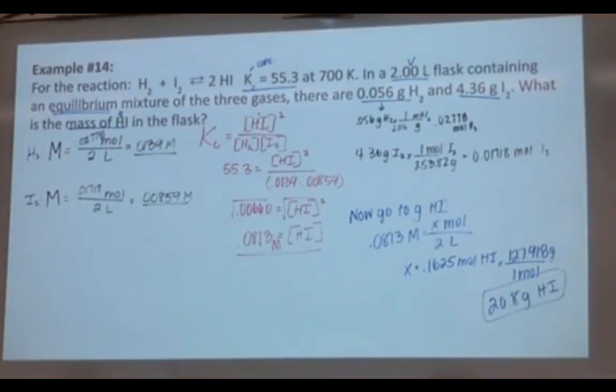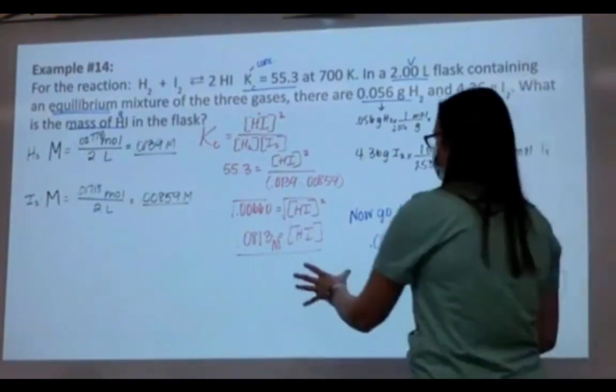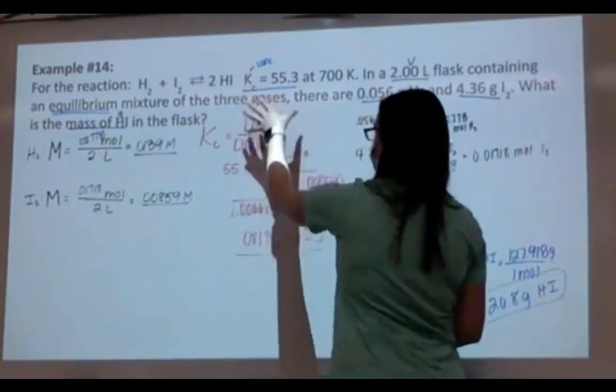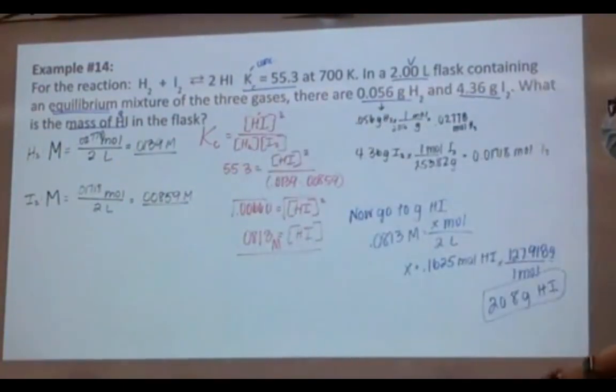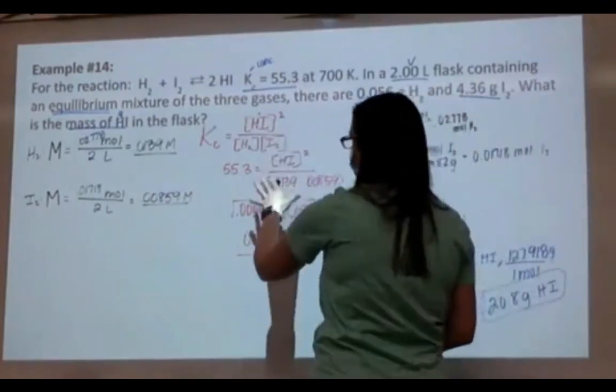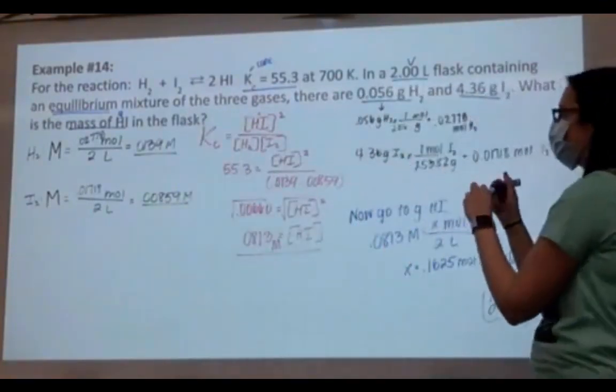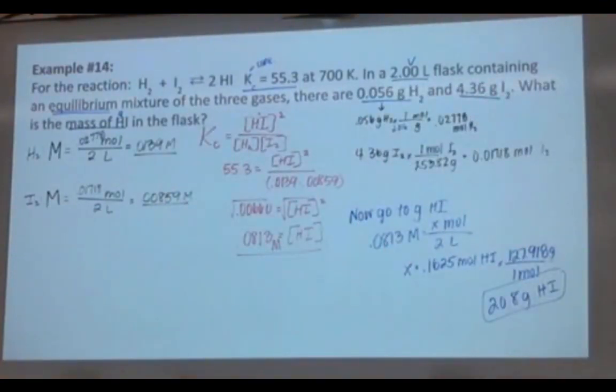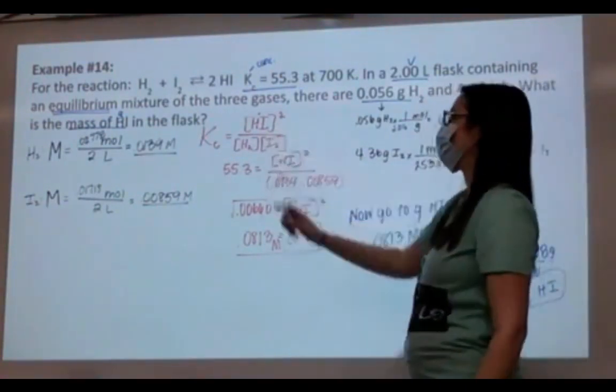So the equilibrium part of this was the part that's in red. The rest of it was stoich, because in order to use Kc, it has to be in concentration.